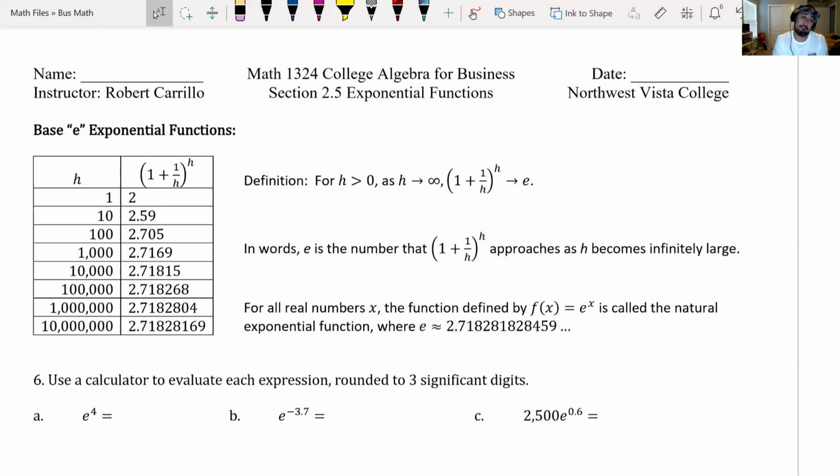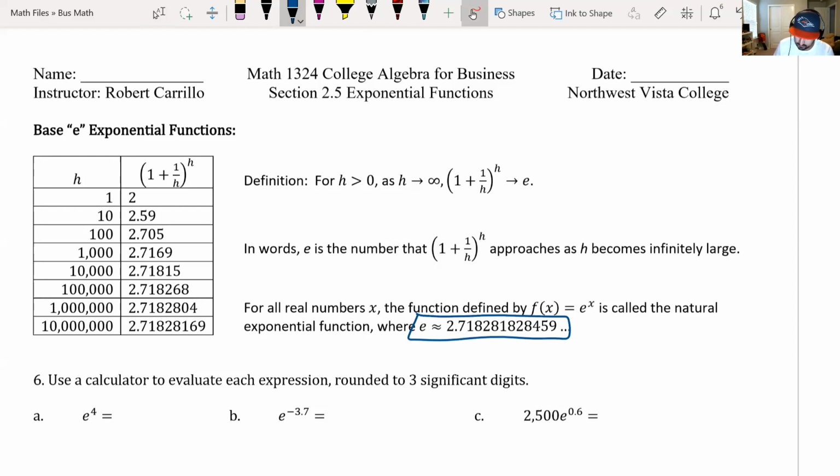So that's what E is. If you want to know more about E, go ahead and do a Google research on it. It's really cool. For now, let me confuse you a bit. E is approximately this run-on decimal number, 2.71828182845, and so on.